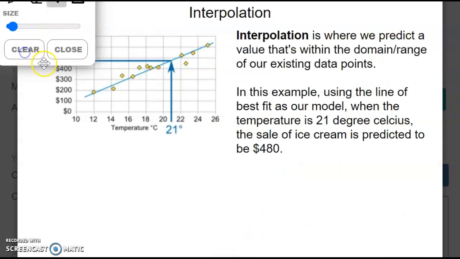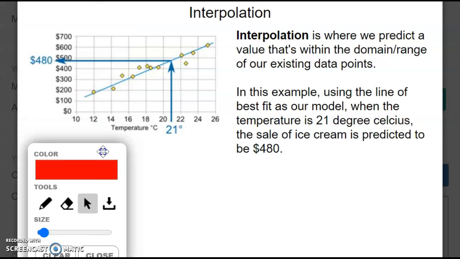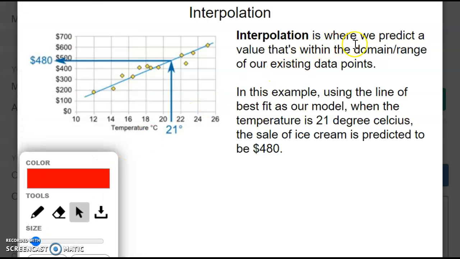Okay, let's clear that. Now, interpolation. What is interpolation? Interpolation is where we predict a value that is within the domain or range of our existing data points. So you see, we have all these data points represented by these yellow dots. And we're making a prediction about what if the temperature was 21 degrees at noon?